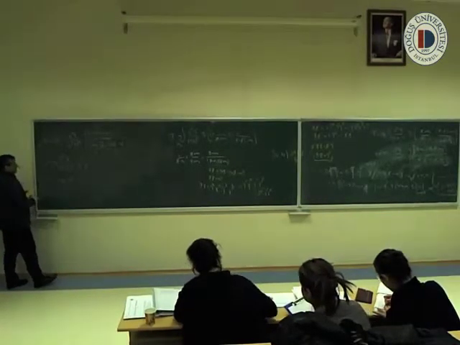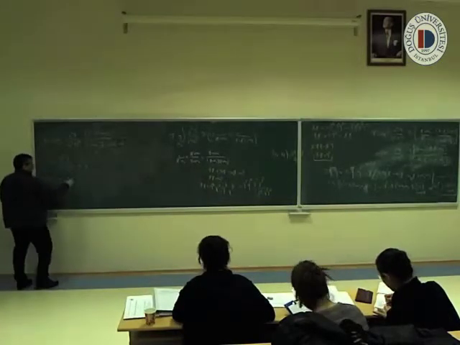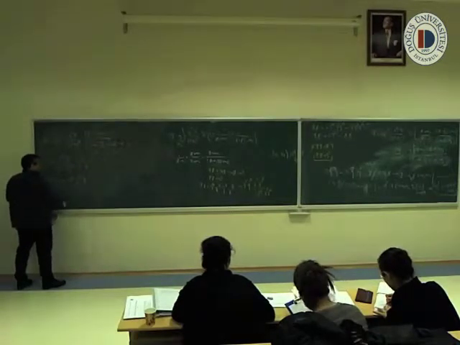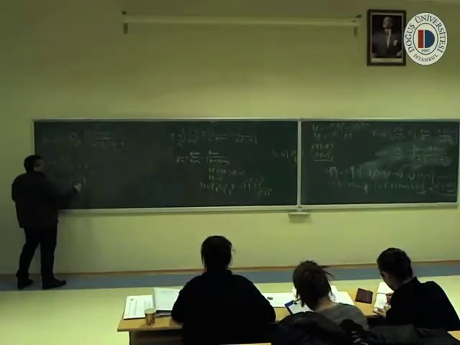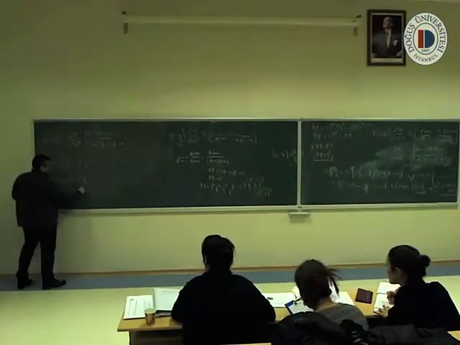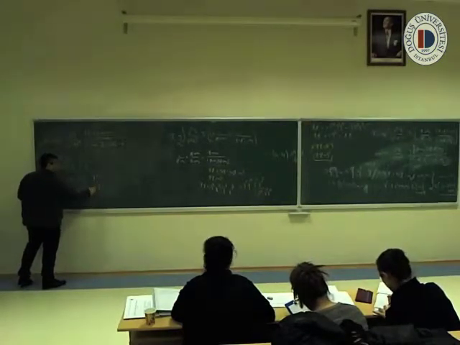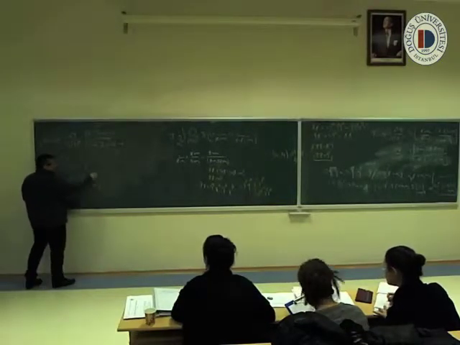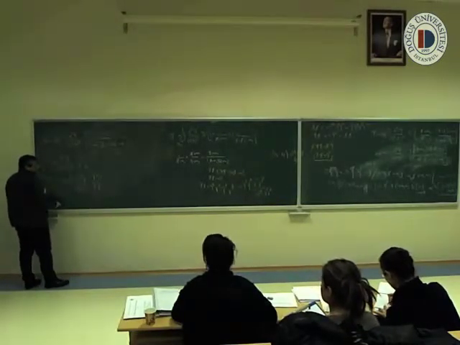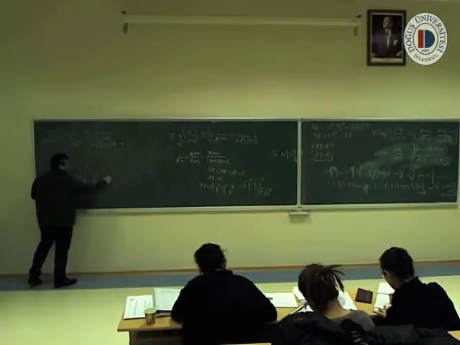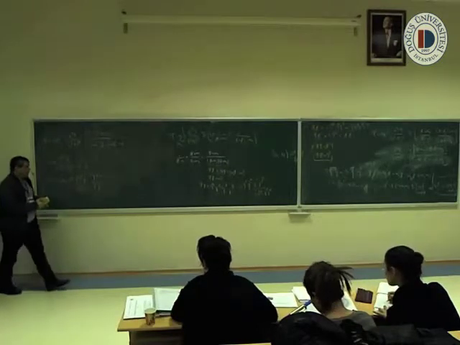Then d4q over (2 pi)^4 q alpha over ab, but we know this is 0, because this is an odd quantity and here we have symmetric limits for integrals, so this will disappear.